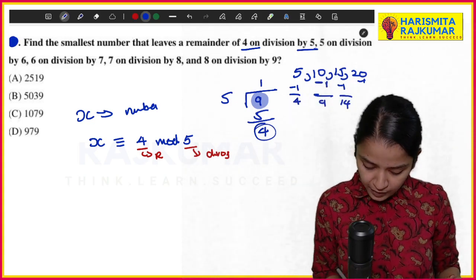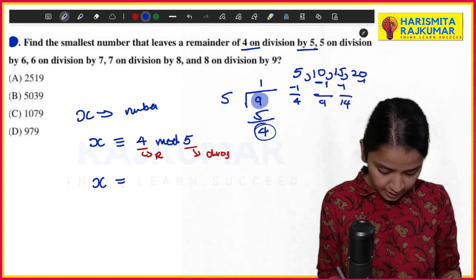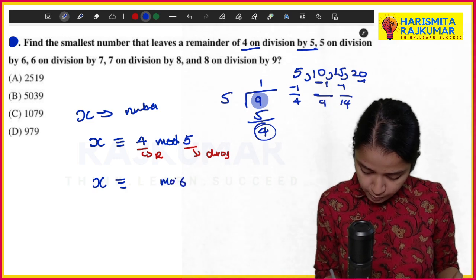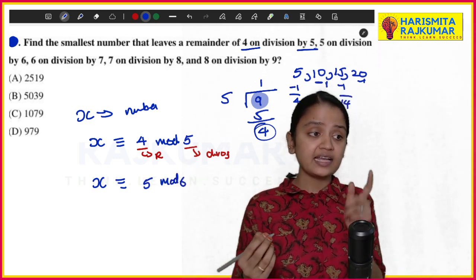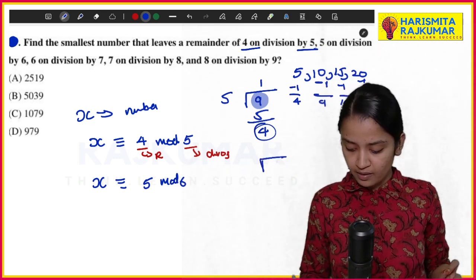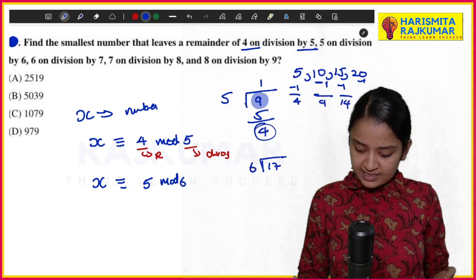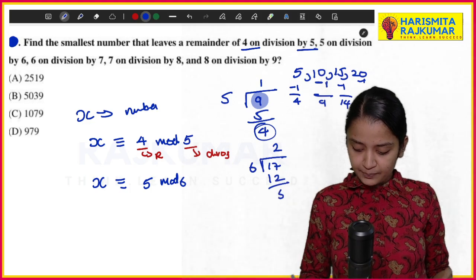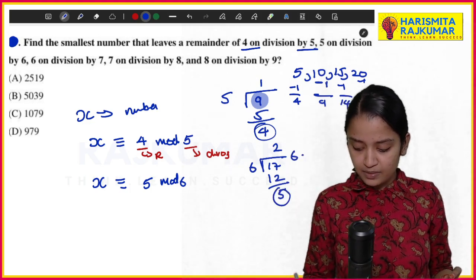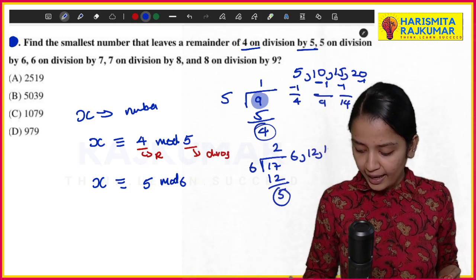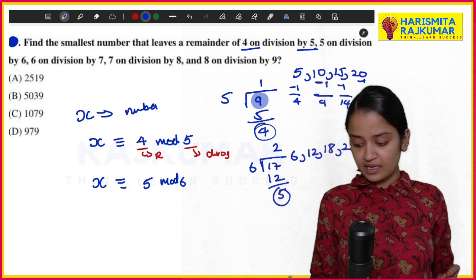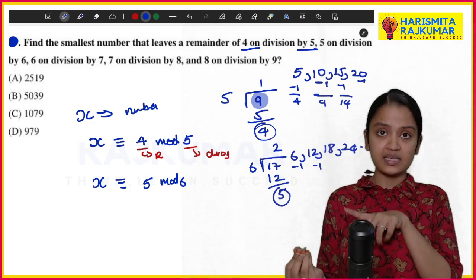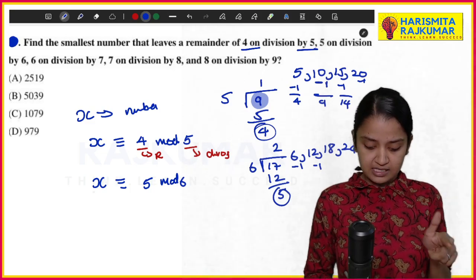Likewise, when you divide the same number by 6, you get the remainder 5. For example, if I put 17, 6 twos are 12, so I get 5. My 6 table is 6, 12, 18, 24, and 1 less than a number in my 6 table is my x for this one.